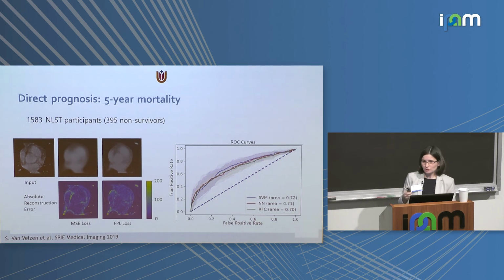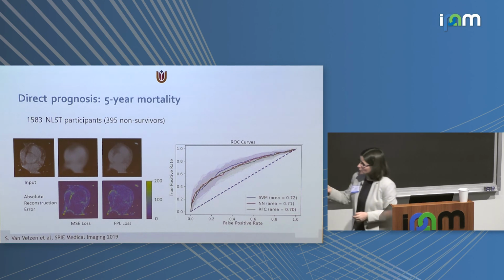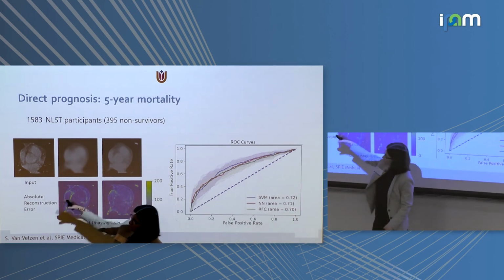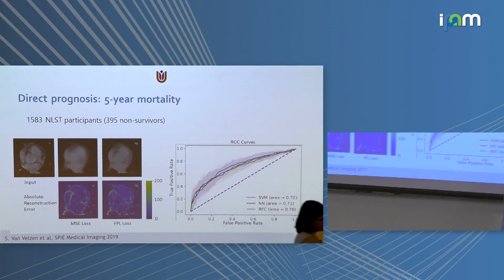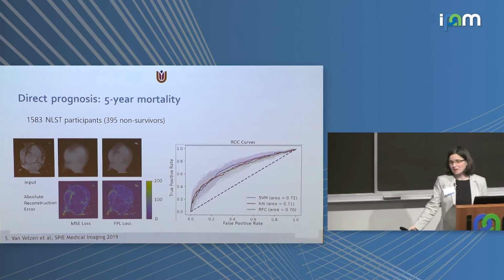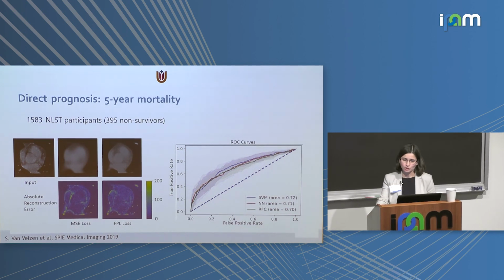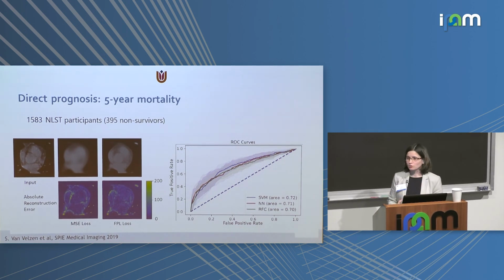In this case, this is very early work. The compression of the images was not very good. So you see here that the reconstructed image, the one that we used, and the input image are not really the same. The reconstructed image basically only captures the major anatomy, and small calcifications were lost.